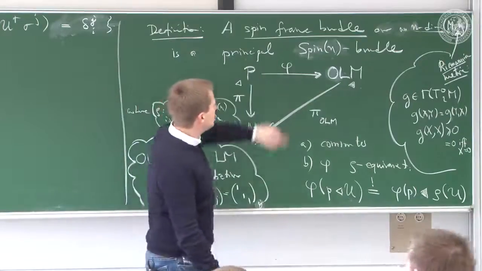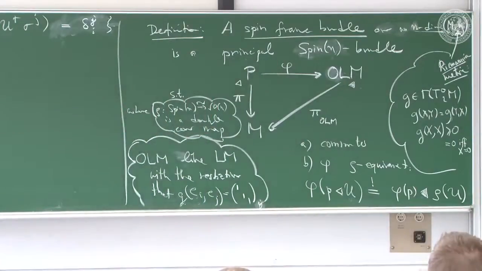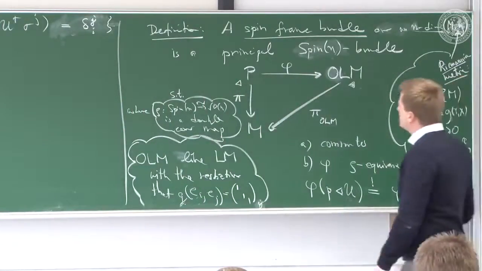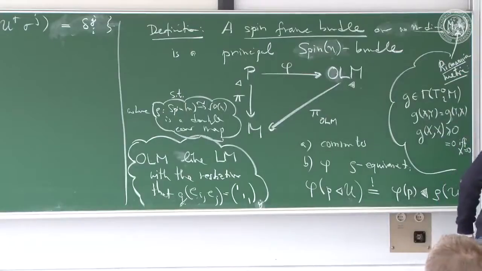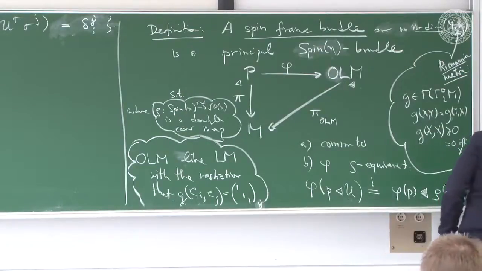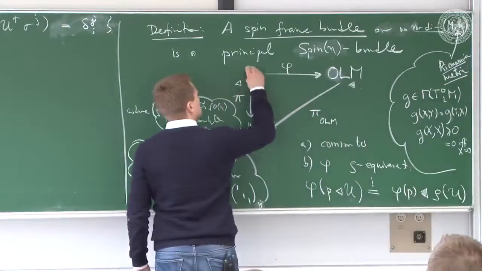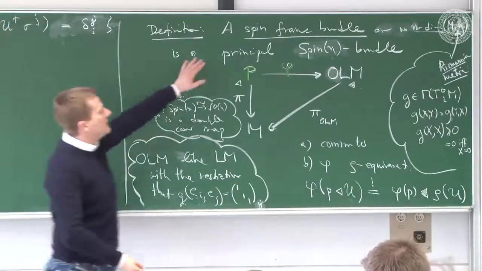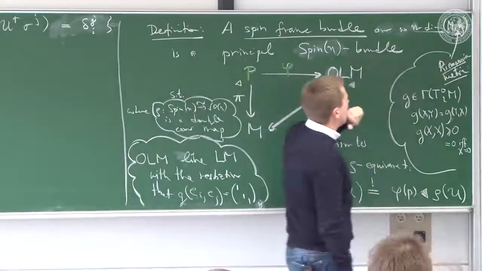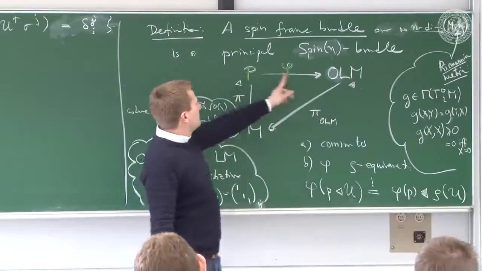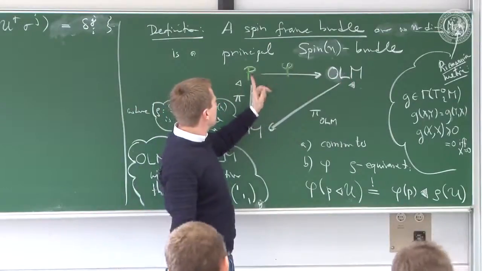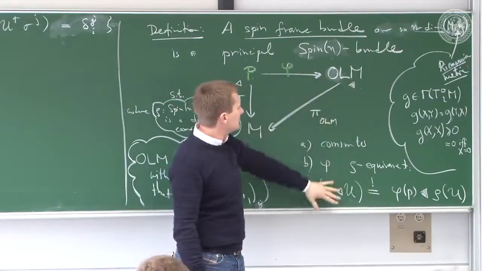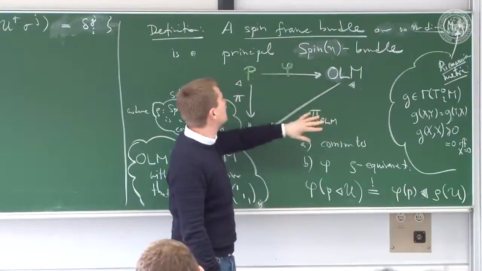Okay, so this is a spin frame bundle, and the data you need to provide for this, the data are obviously, this is all wet, the data you need to provide is obviously this total space and this map into the orthogonal frame bundle. So once you're given an n-dimensional Riemannian manifold, you need to provide this spin total space and this phi such that this is satisfied, and well, this is also a double cover map and so on.